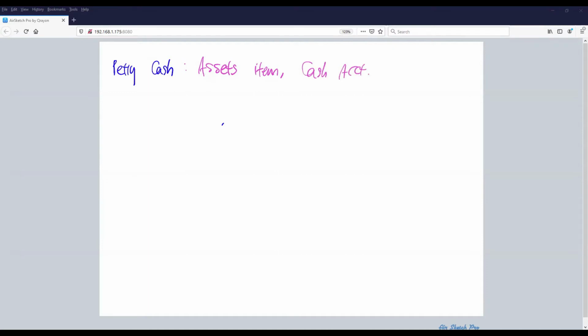Okay, then let's make a case and see what the journal entries are for this petty cash.